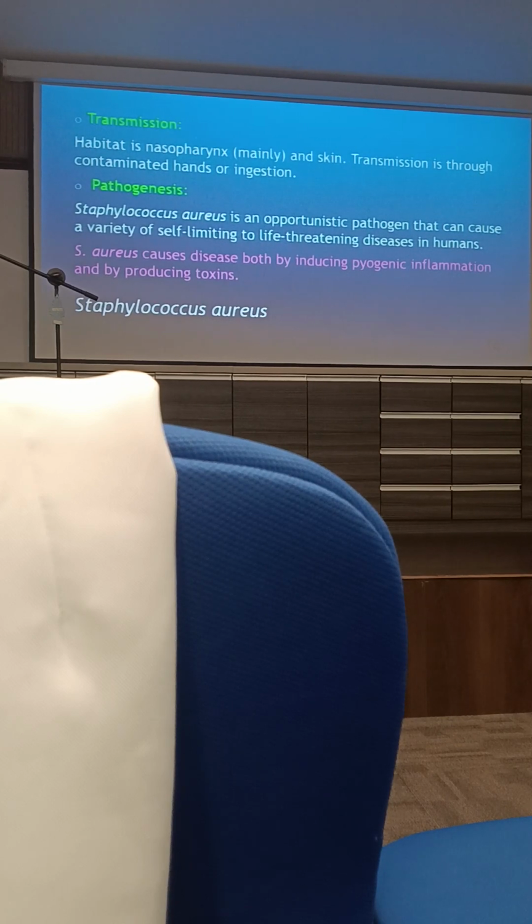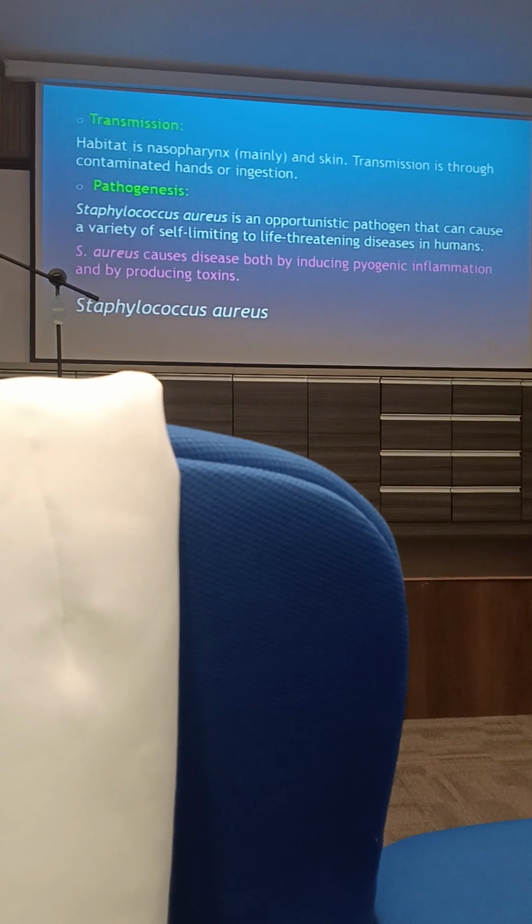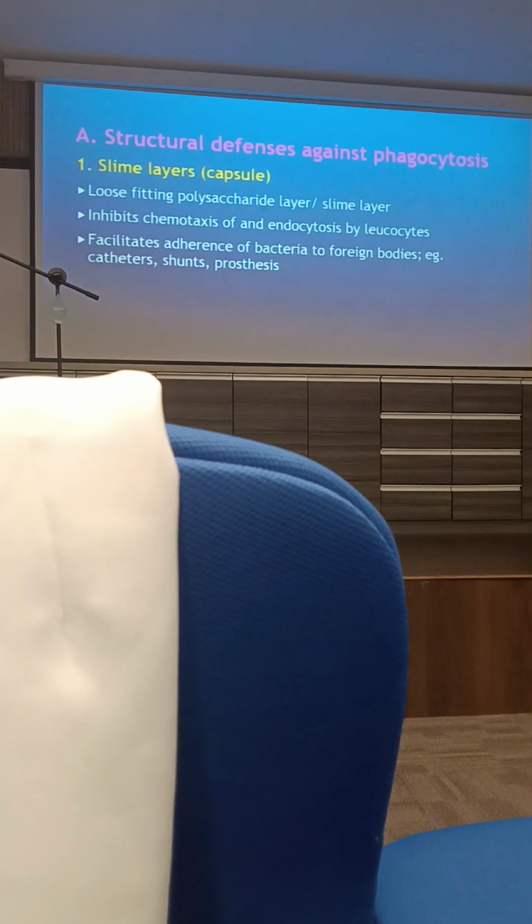It is an opportunistic pathogen that can cause a variety of self-limiting to life-threatening diseases. Self-limiting meaning it can heal by itself, or it can go up to life-threatening, through inflammation and toxin. The virulence factors are the structural defenses, enzymes and toxins.